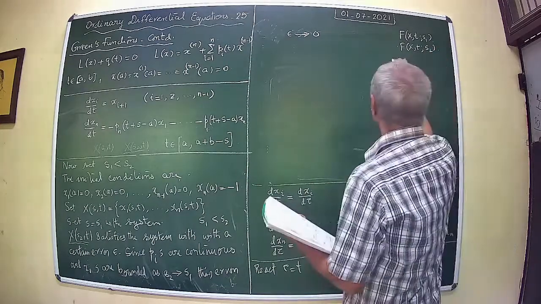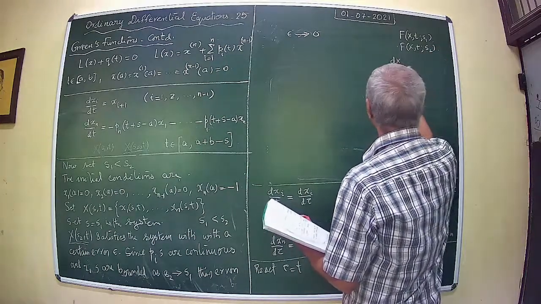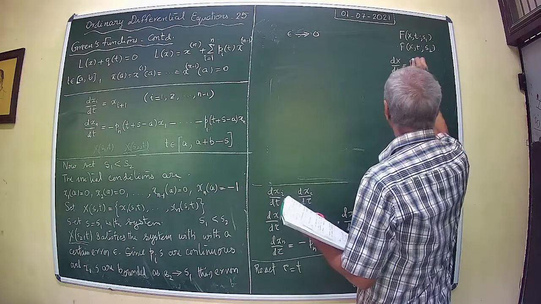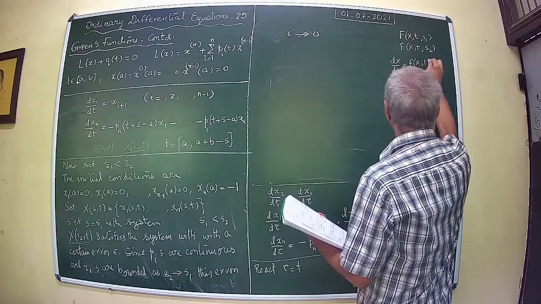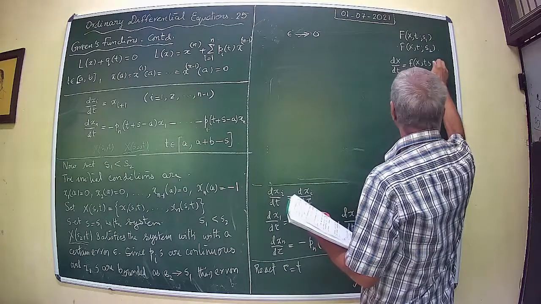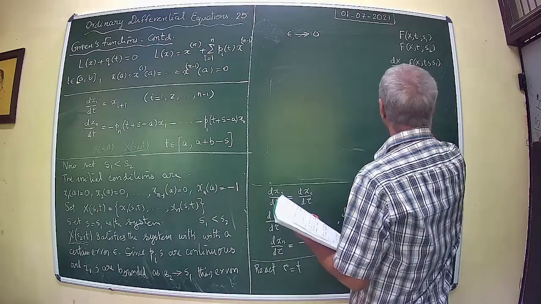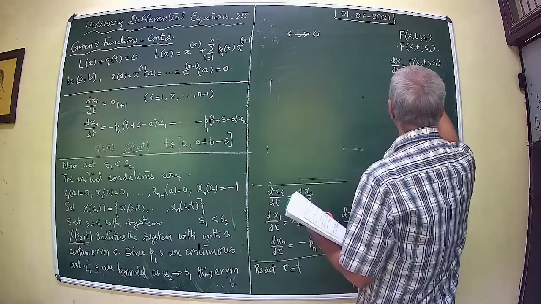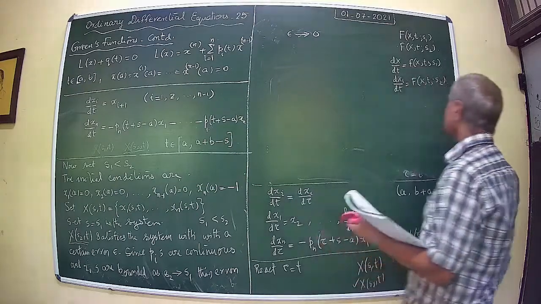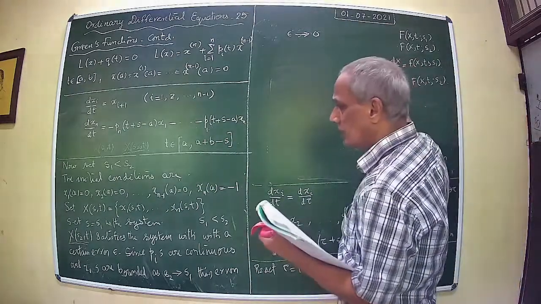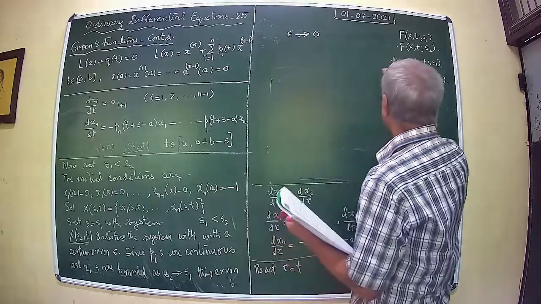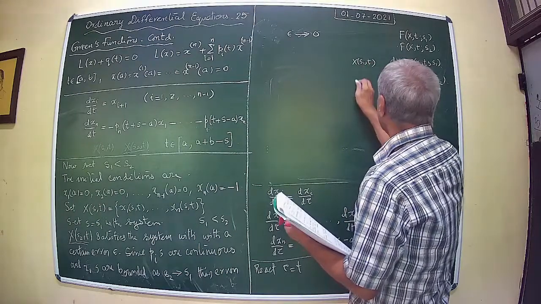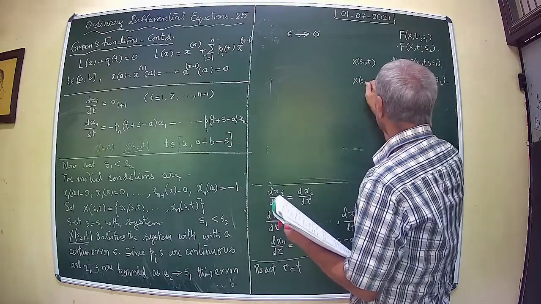So you have two equations. These are the two equations, and the corresponding solutions are denoted by x(s1, t), and this is denoted by x(s2, t).